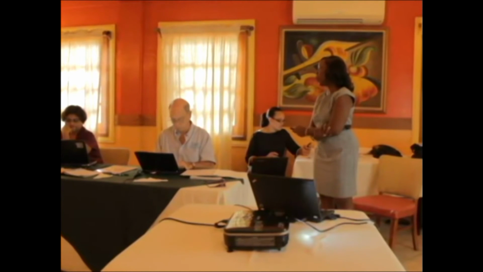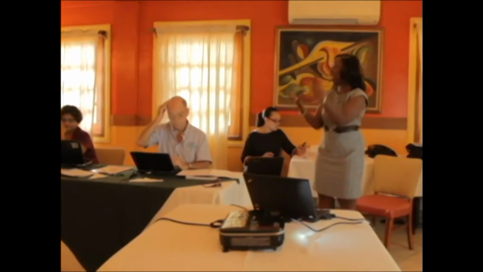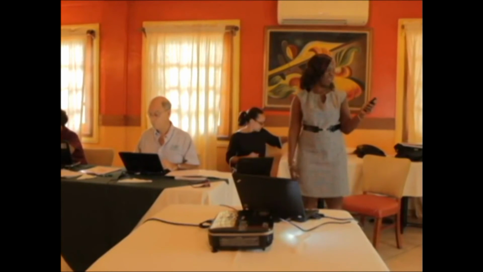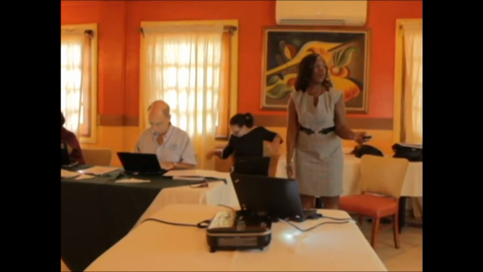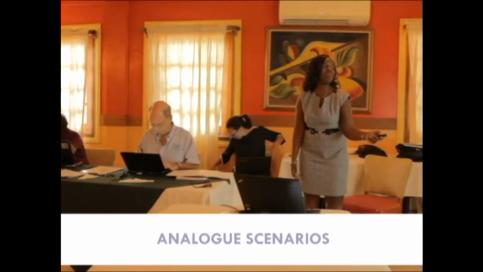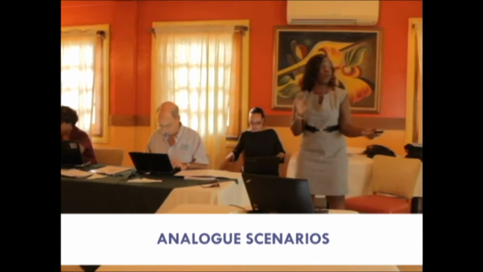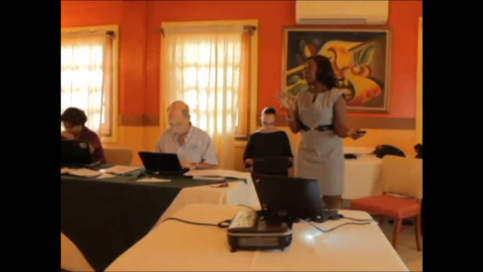And then the analog. Remember we talked about GCM, synthetic, and analog. So the analog is based on using past warm climates as scenarios of future climate. Now, this very first one catches our attention because it uses the past for the future.